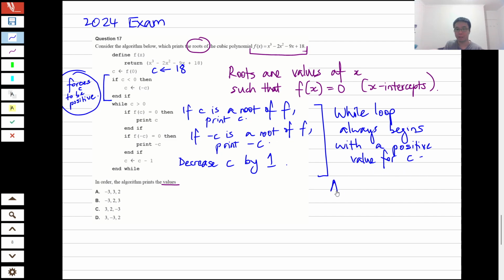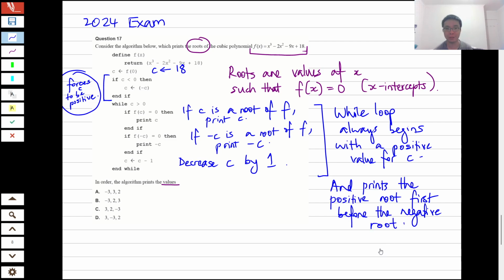And based on this part of the program here, it's going to print the positive root first, before the negative root.